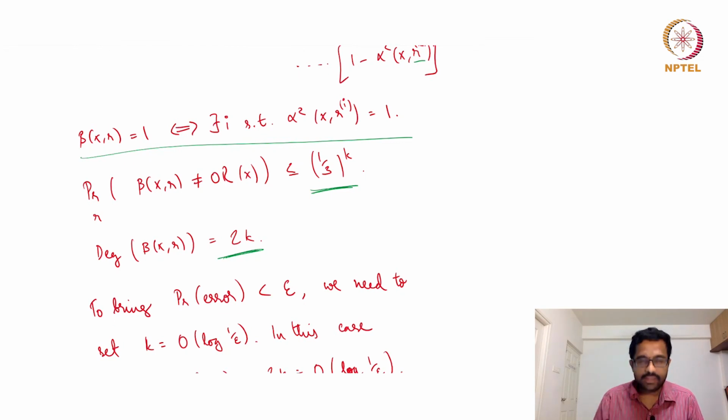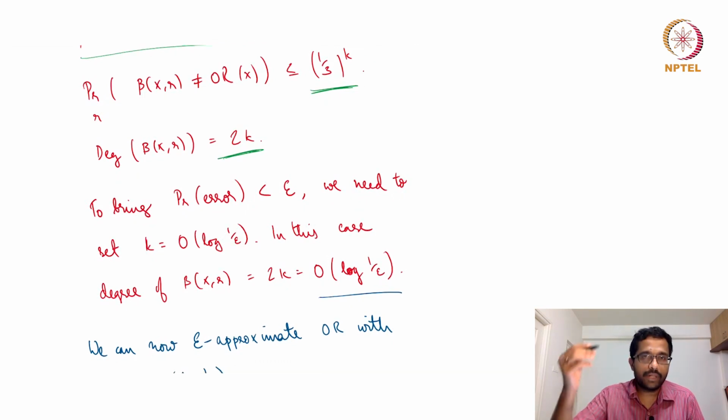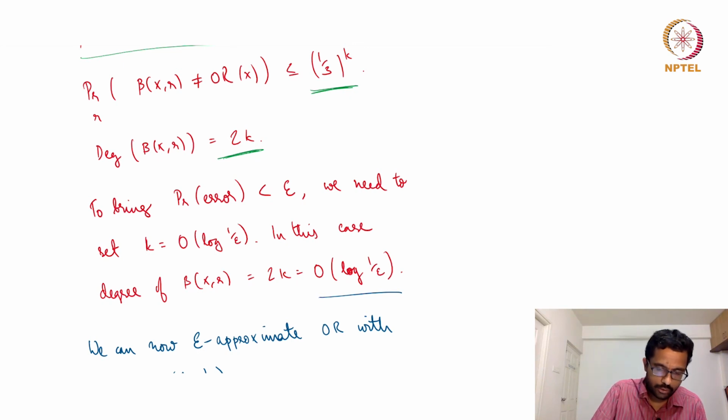Now what must k be, or what must the degree be, so that the error is sufficiently low? We want to bring the probability of error to some epsilon, which means 1 by 3 whole power k should be epsilon, which means k should be order log of 1 by epsilon.